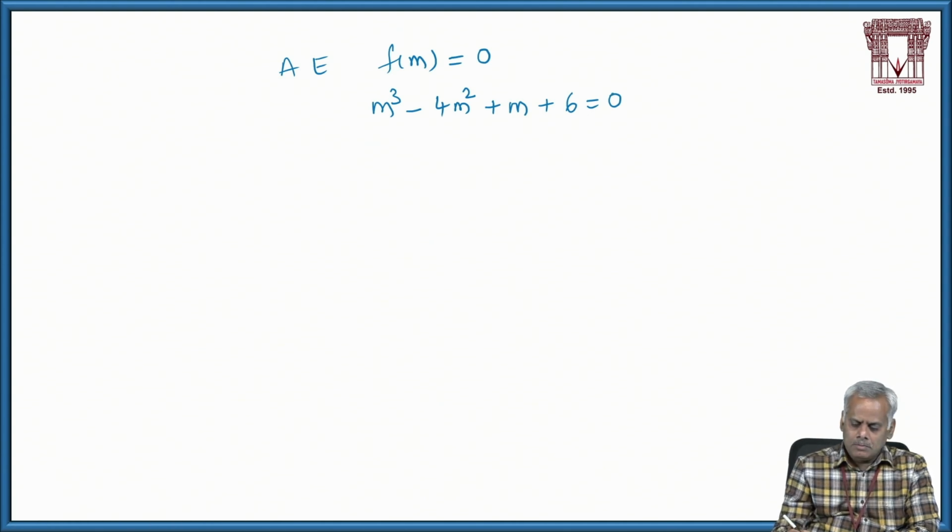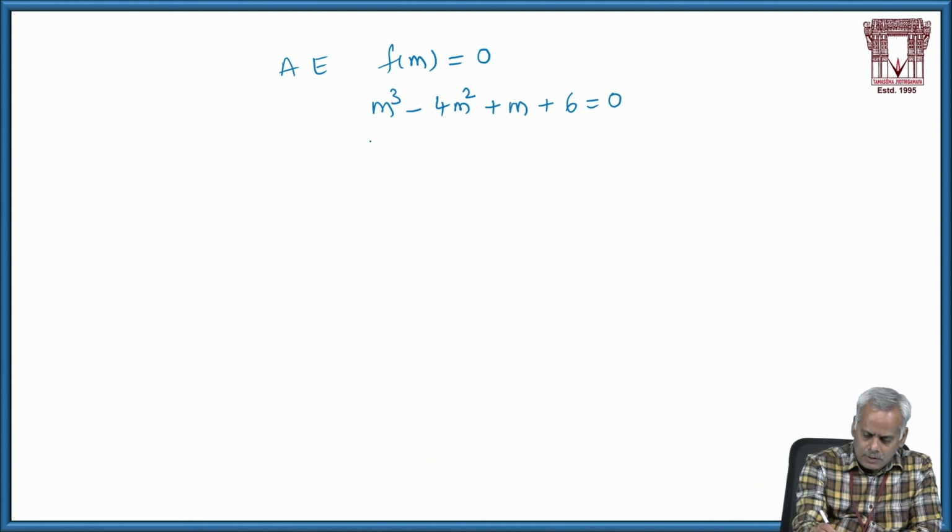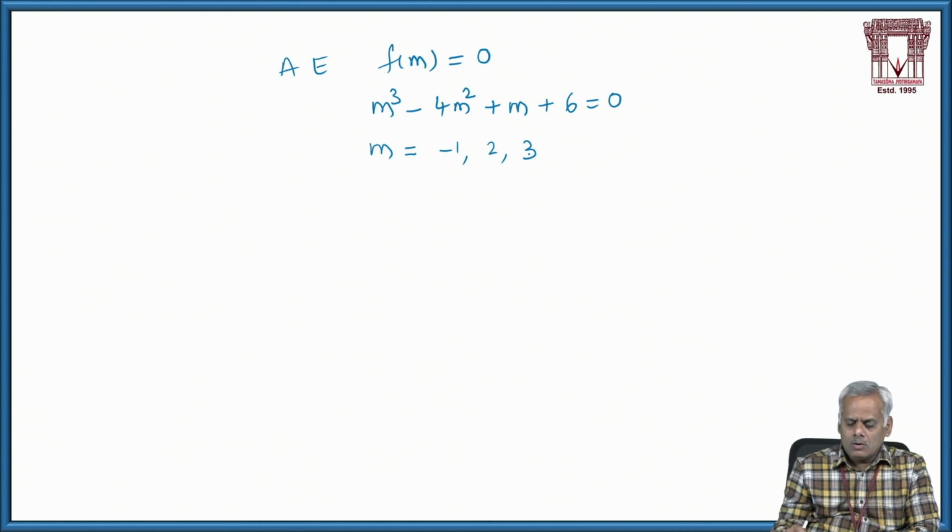So it is a cubic equation in m. So there exist 3 roots. Then we will get m is equal to minus 1, 2, 3. Now these roots are real and distinct.